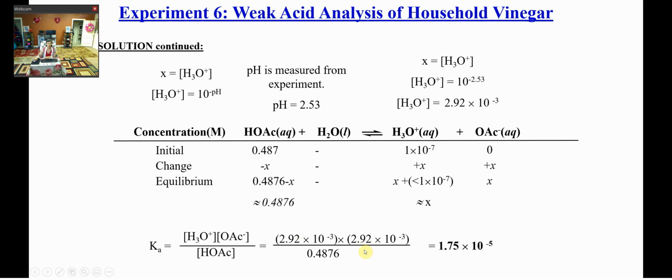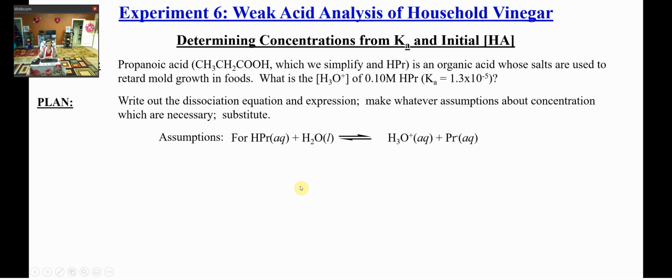And then that's your initial; you assume this X, 2.92 times 10 to the negative 3, compared with 0.48 can be negligible. You determine your Ka. If this X is not negligible, make sure you subtract X. You use this expression to determine the concentration of your acetic acid.